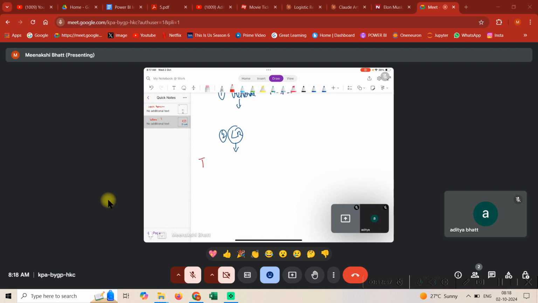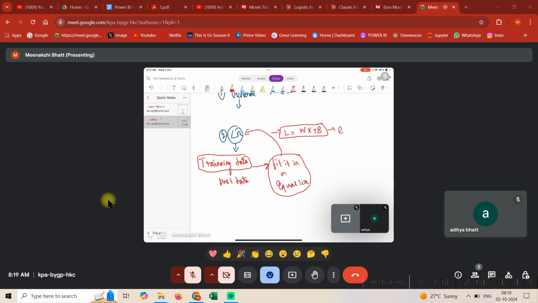So guys, usually you have training data, that is essentially your past data. You need to first of all fit it in an equation. For logistic regression, as I said, z is equal to nothing but wx plus b, and then you take the sigmoid of it.